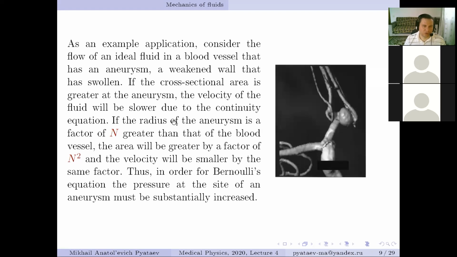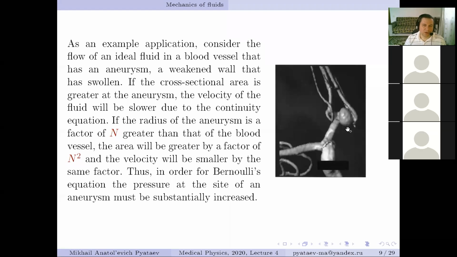It continues to increase, it continues to destroy the vessel, because blood pressure in the wide part of the vessel is not smaller than in a narrow part. It is actually larger.